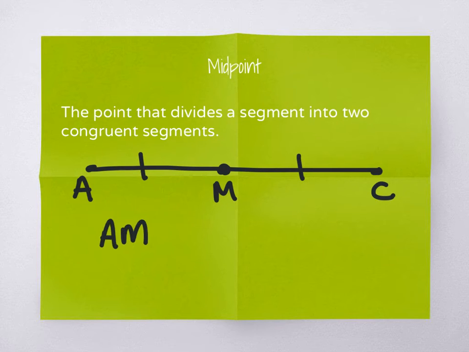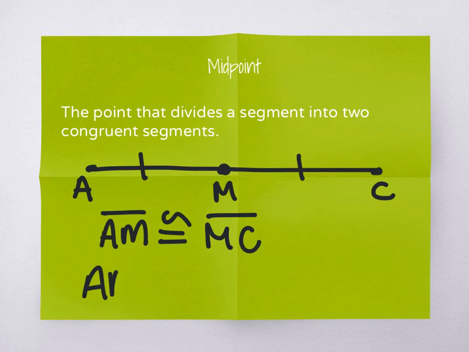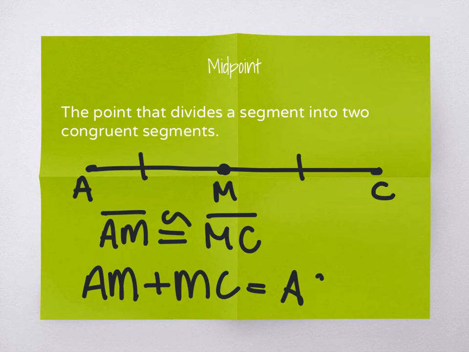So line segment AM is going to be congruent to line segment MC because M is the midpoint, and our segment addition postulate is still true, although these two would actually be the same measure there. And that's going to be true regardless. As long as you have a midpoint here, you know that it is cutting it in half.